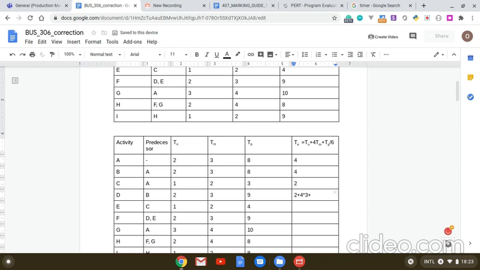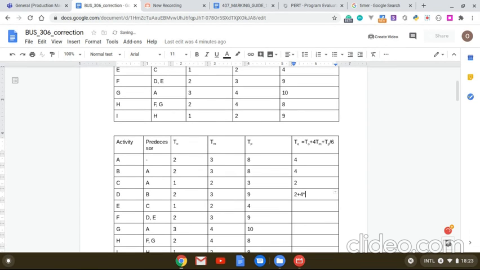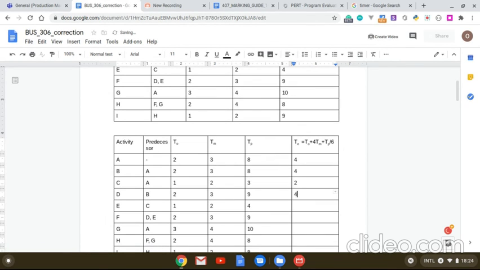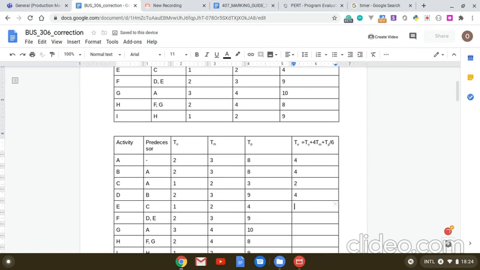So 4 times 3 is 12. 12 plus 2 plus 9 divided by 6 is 3.8, which can also be rounded up to 4. Now 1 plus 4 times 2. 4 times 2 is 8. You get the idea. So I'm just going to skip writing again.